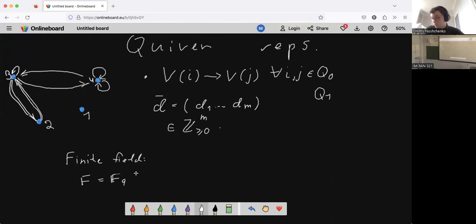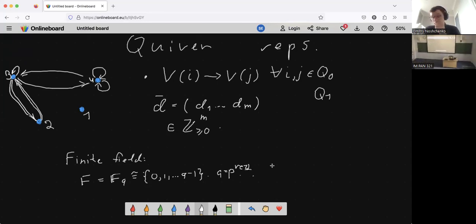This is just the Galois field, and basically it consists of q elements. So as a set, it is just a collection of q elements, 0, 1, up to q minus 1. Usually, you fix q as some prime number to some integer power. And given that, basically we can study a representation space.